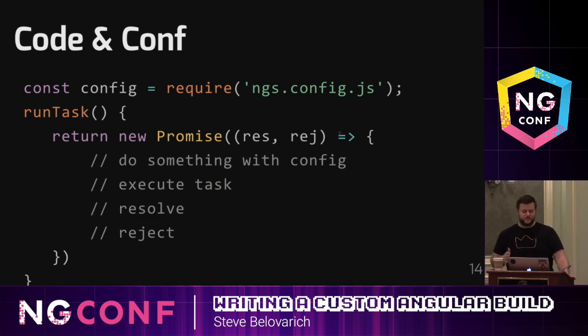And then we're either going to return a new promise or we're going to return exec, which is like I showed a few minutes ago, a Node command which is asynchronous as well. It reacts kind of like a promise in Node. Inside of this method, we're going to do something with the config. We're going to execute a task, and then we're going to either resolve or reject that task. It's promises.